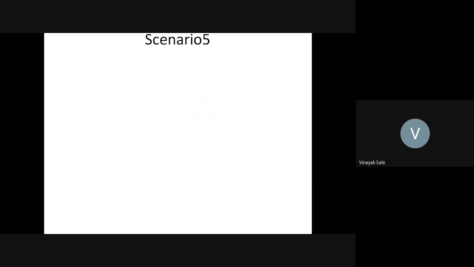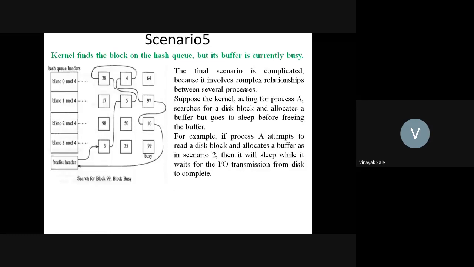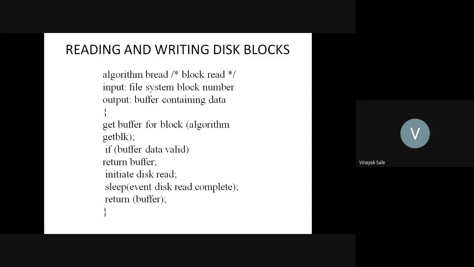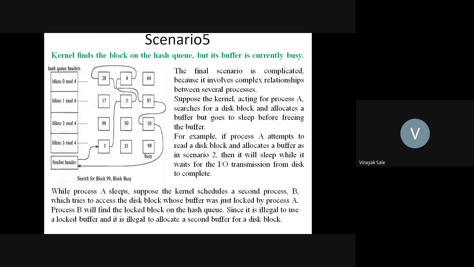Then similarly for scenario fifth, suppose the kernel is searching for block number 99, but that block is busy, then what to do? At that time it will wait for that particular buffer to become free.